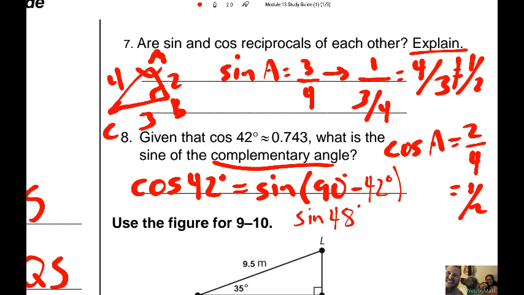Okay? Now, if you type that in the calculator, if you get 48, press sine, an interesting thing occurs. Your ratio is also going to come out to be 0.743. That's how you know you're doing it right. If it's not identical with the ratio, something's very wrong, so double check your work.